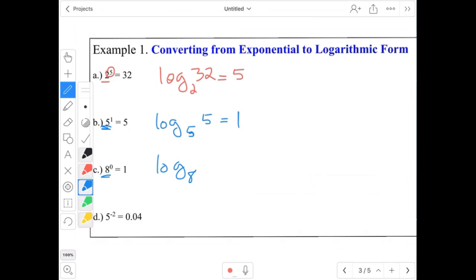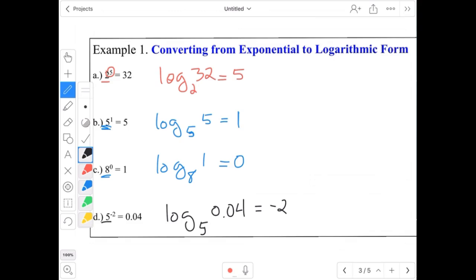Log with a base of 8 is equal to 0. We'd have a 1 right there. And then the very last one, log base 5 of 0.04 is equal to -2. Okay, so all we're doing is rewriting these.